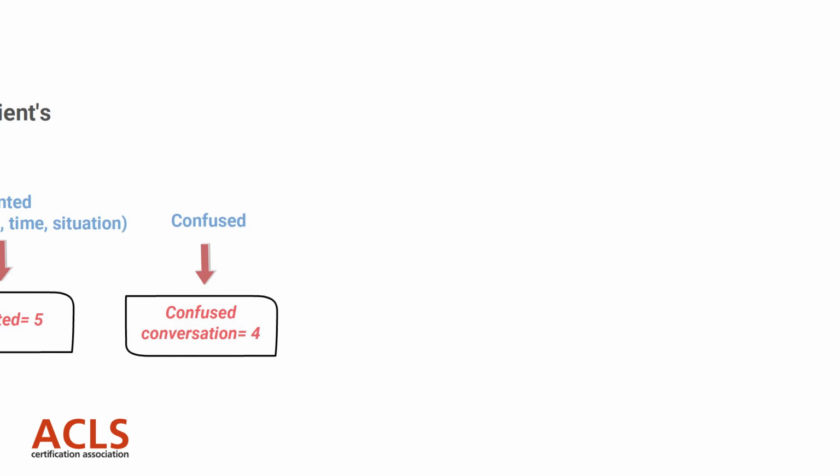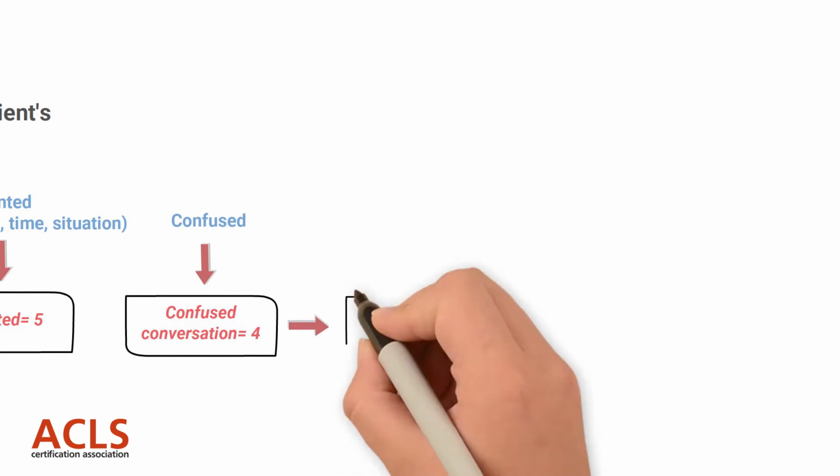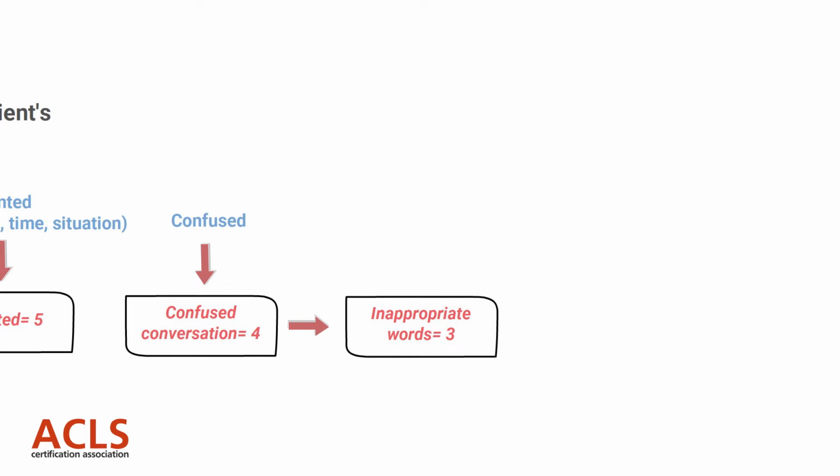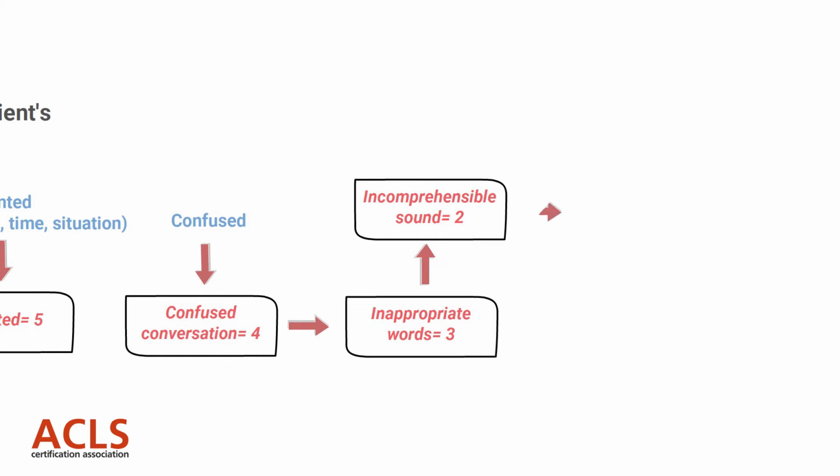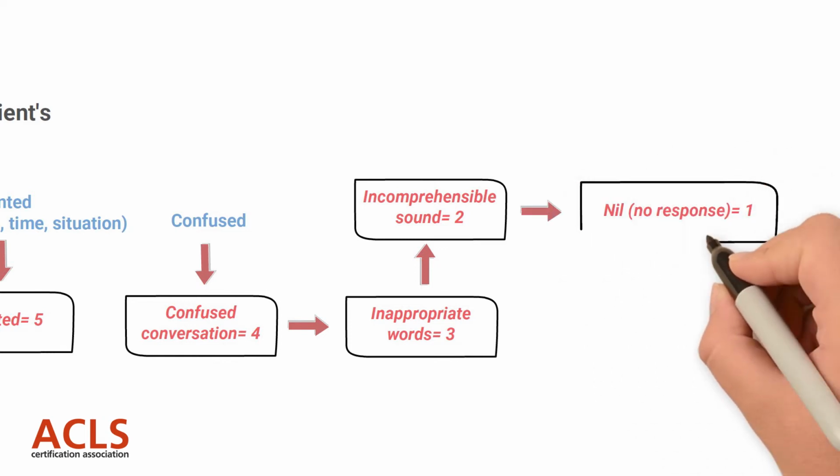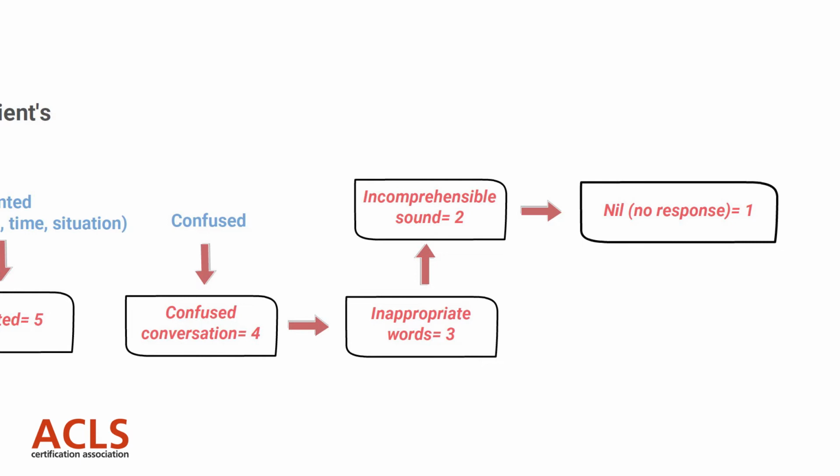The next level down is they're answering you in sentences, but they're not really making much sense. Then you move on down to incomprehensible sounds, where you're not able to understand them at all. Finally, if they give you no verbal response whatsoever, then they get a 1, which is the lowest level.